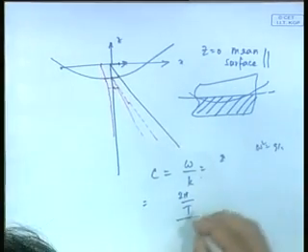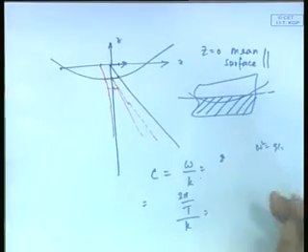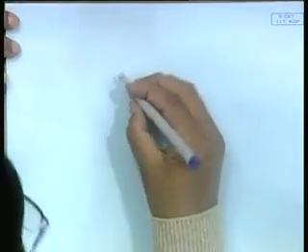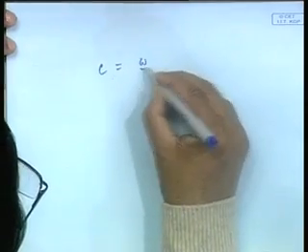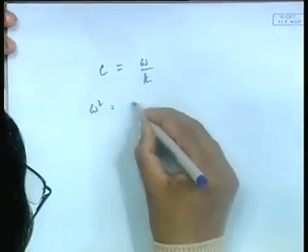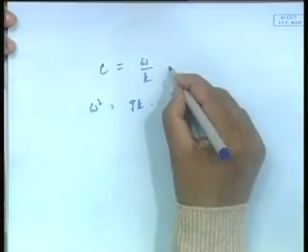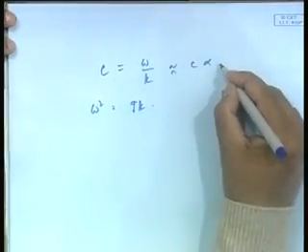I was trying to write it in terms of time, something like 2 pi by T. In any case, you can relate that c to be proportional to something like T, that we have done at some point of time.